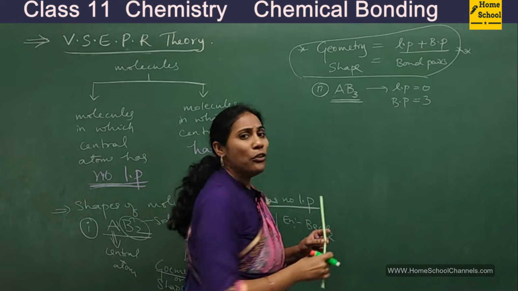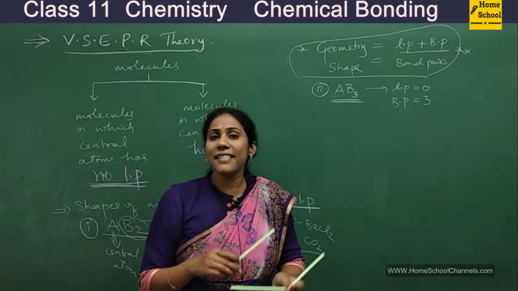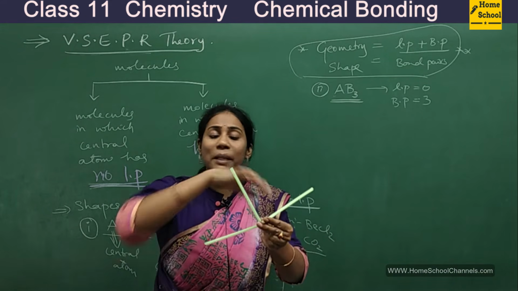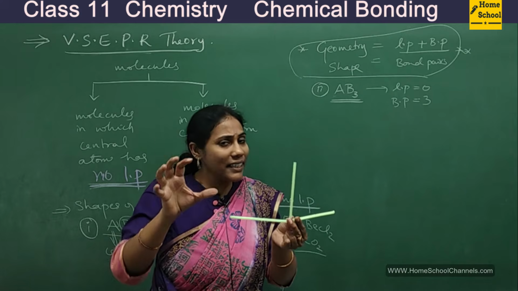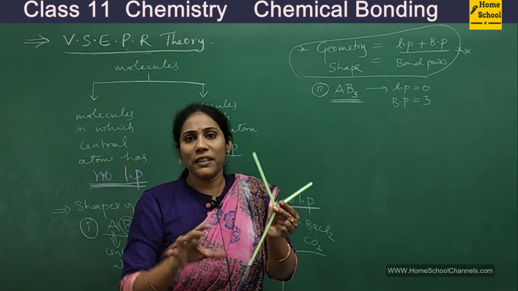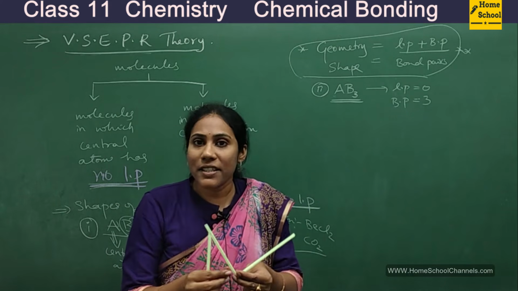So now our central atom has 3 bonds around it. How do you think it can arrange the 3 bonds around it? The condition is the bonds must be as far as possible. They should be far away from each other to minimize repulsions, isn't it?